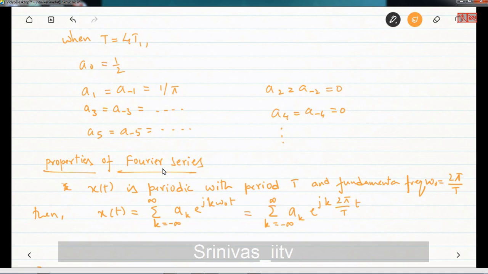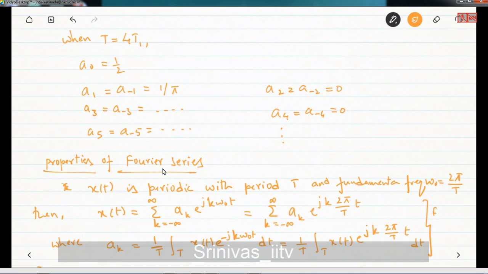Simply, in place of omega naught, I am putting 2 pi by T, where a_k is 1 over T times the integral over one period T of x of t e to the power minus j k omega naught t dt, or this can also be written as 1 over T integral over T of x of t e to the power minus j k 2 pi by T t dt.